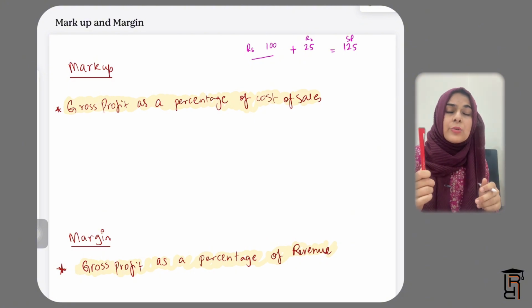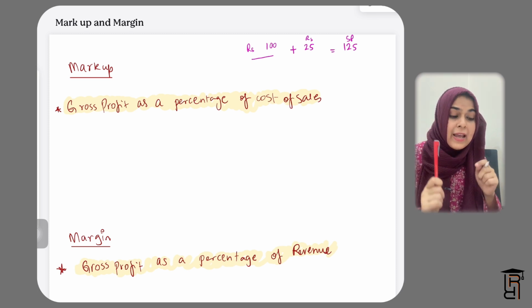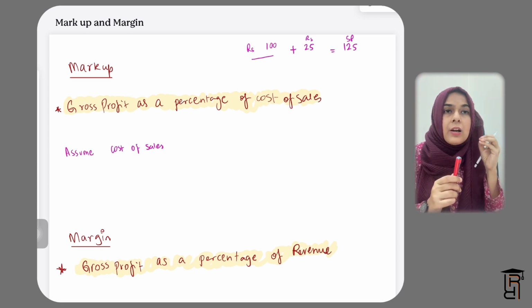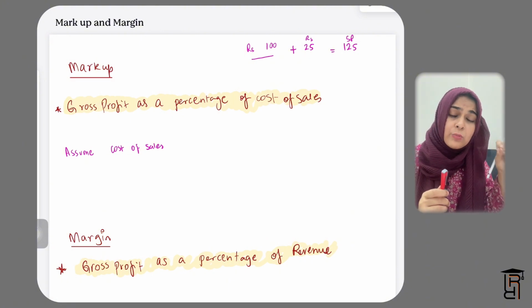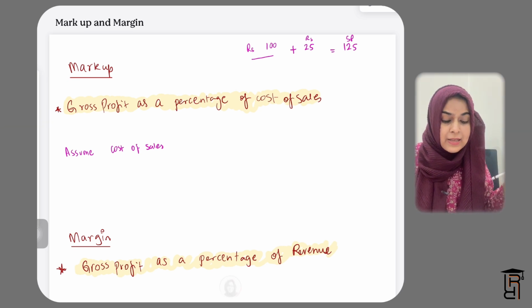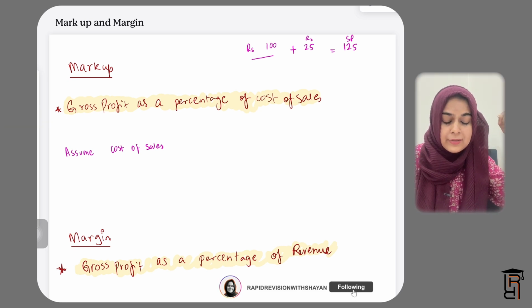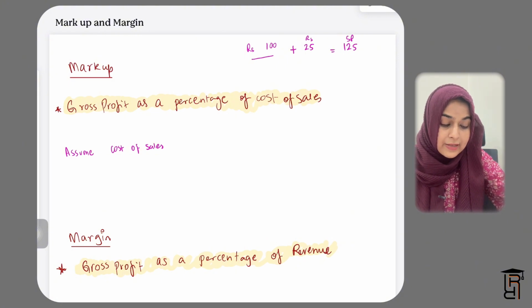Let's say I paid 100 rupees to get one pen, I decided to take a profit of 25 rupees, and I'm selling it for 125 rupees in the market. So the cost of the product is 100. So assume cost of sales is 100.